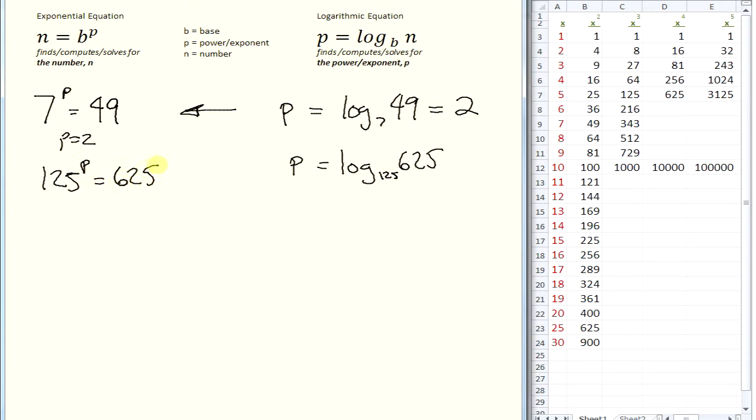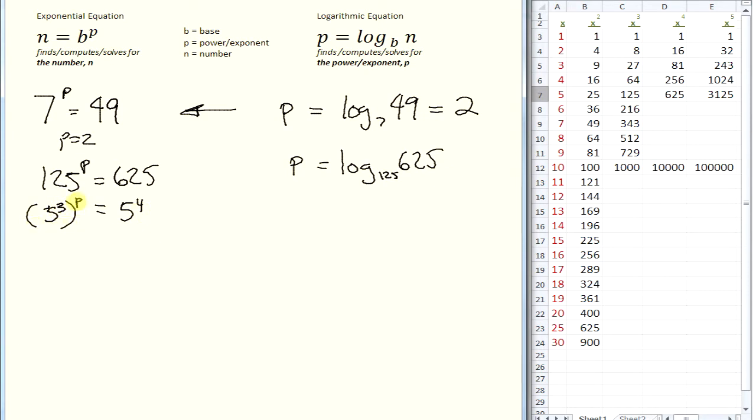Now the first thing is I can't think of what 125 raised to would be 625, but I do recognize a few things. I do recognize that 625 is 5 to the 4th, and I recognize that 125 is 5 cubed, and then that would be raised to the p.